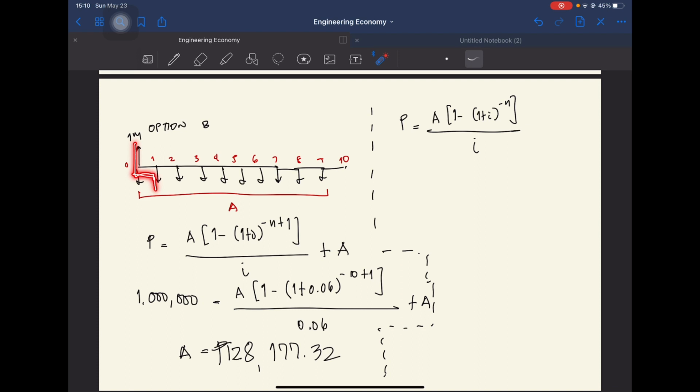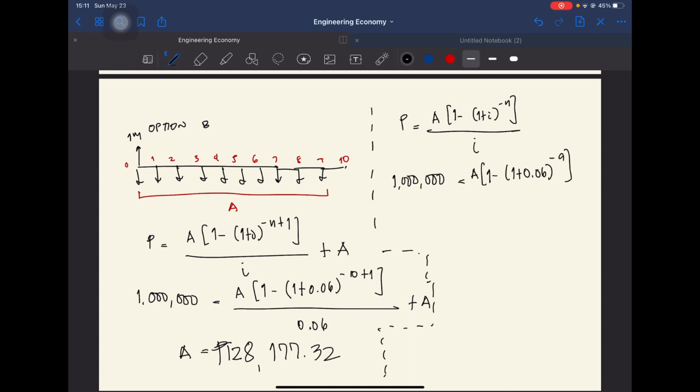That is 1 period ahead of the present worth. Hindi niya kita to. Hindi niya hagip. Itong formula na to, hindi niya hagip tong payment sa simula. So, if you're going to use that, sasabihin mo lang 1 million equals yung present worth ng lahat ng payments ahead of that present worth, P, 1 minus (1 plus 0.06) raised to negative 9, over i.